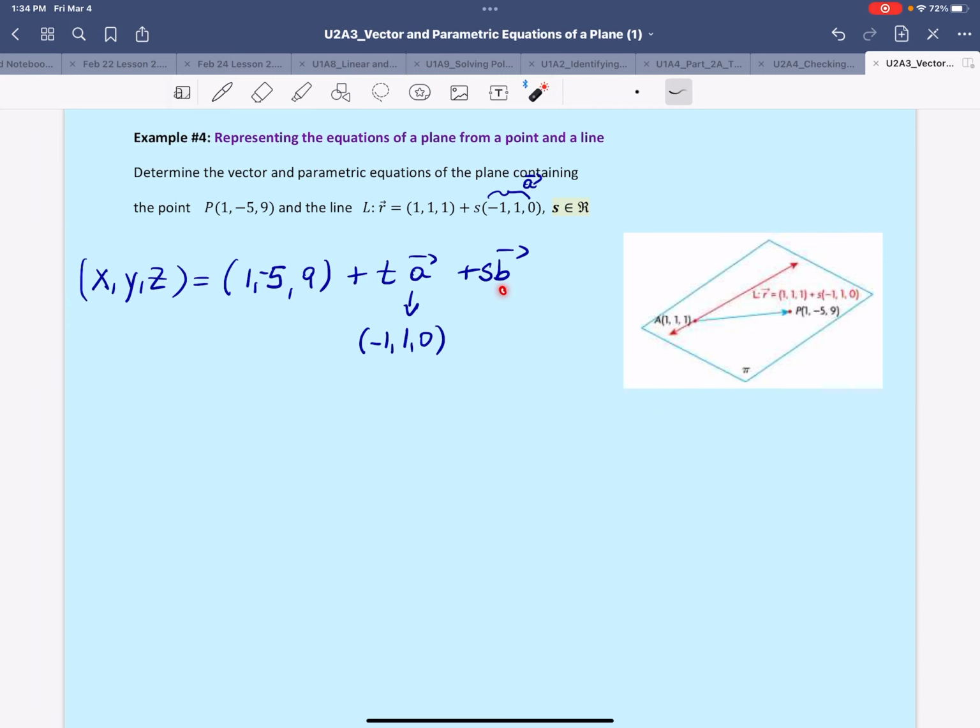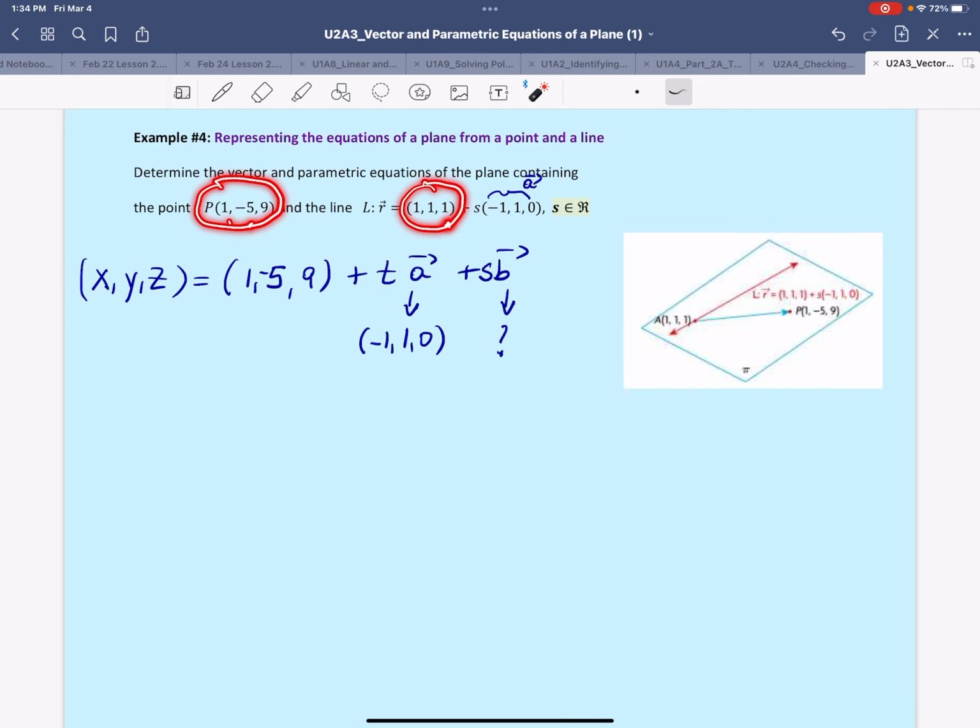Now we are going to need another direction vector because we are finding the equation of a plane. So that's unknown. Now remember that point (1, 1, 1) will be a point on the line which is located on the plane. The point P is a point on the plane because that's given.